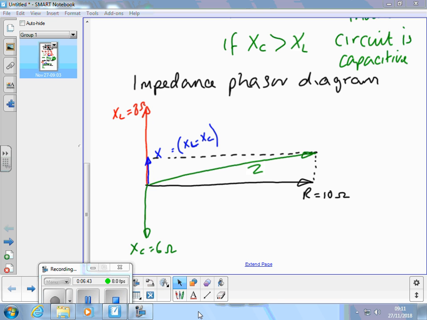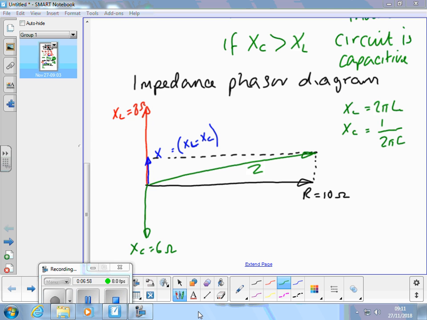And remember that XL is equal to 2 pi times the frequency times the inductance. XC is equal to 1 over 2 pi times the frequency times the capacitance. So, if we were to change frequency, this phasor would all change.